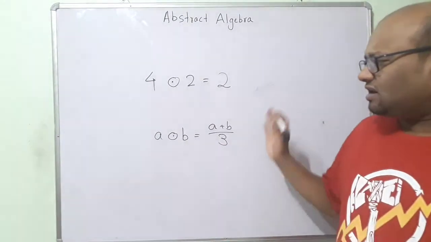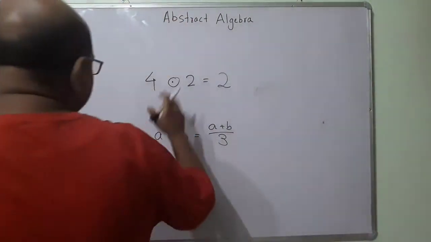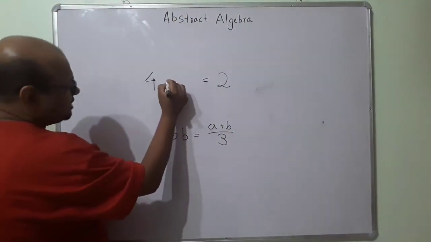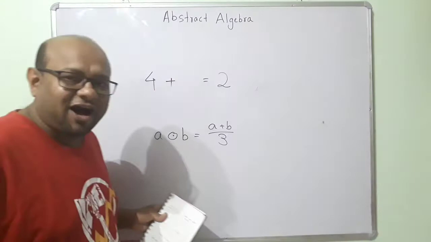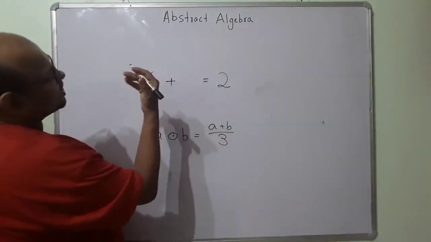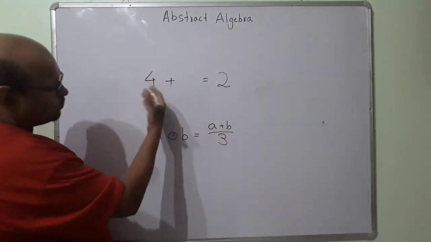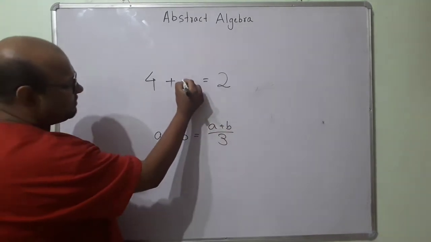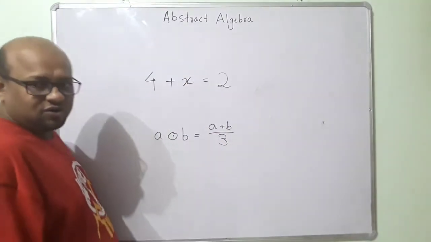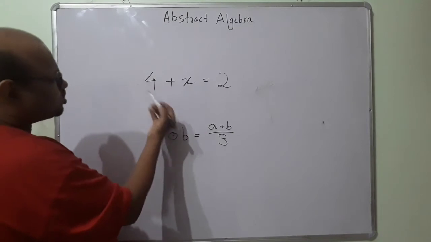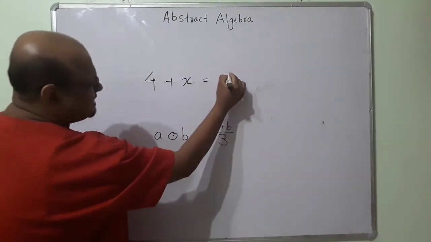Then you grew up, and maths became harder. Instead of working with two numbers, now I will have some unknown, here this unknown x. Say this is 6.